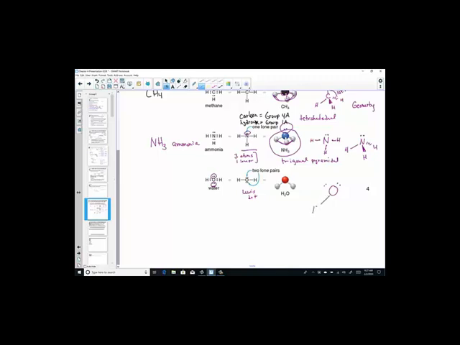We can do so by maximizing the bond angle and making it about 105 degrees, giving these guys as much space as possible to spread out. Those electron dots are like charges, and they want to be spread out as far apart as possible.